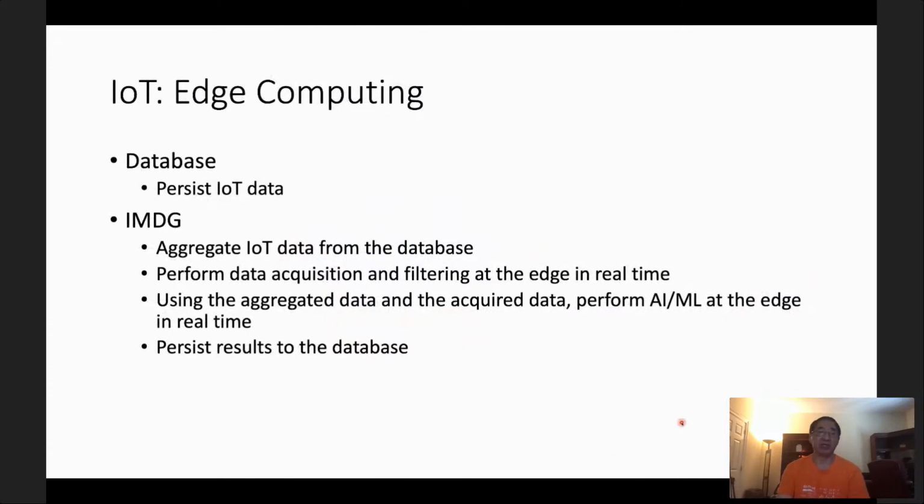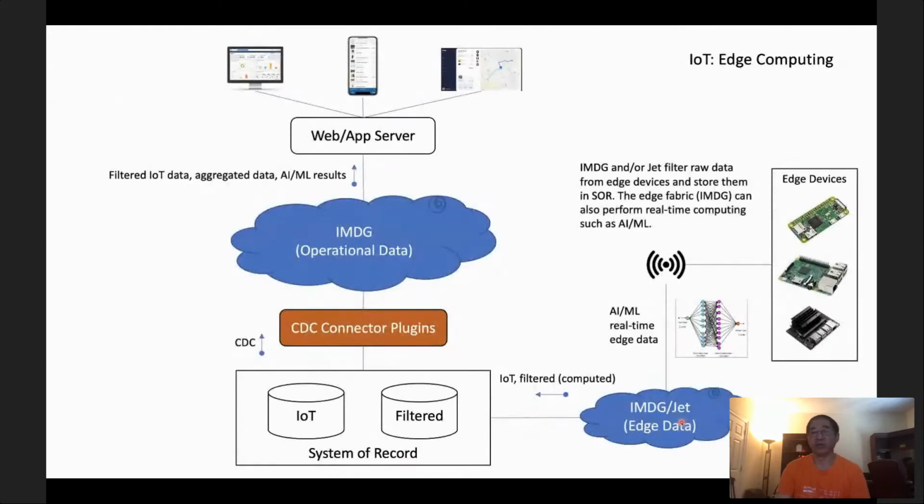In IoT edge computing, we can also do some IoT. In here, what we do is we get the edge devices into IMDG, and we introduce another edge, the IMDG, which will collect the data. It can be in the form of IMDG or even Jet, which is essentially IMDG underneath. And that can collect the stream data, perform some edge computations, filter data as much as it can, and push that into the system of record, which in turn can be read by the IMDG through the CDC connector.